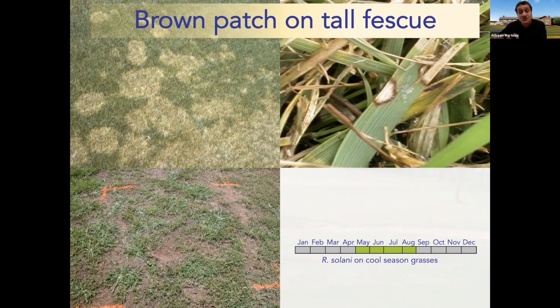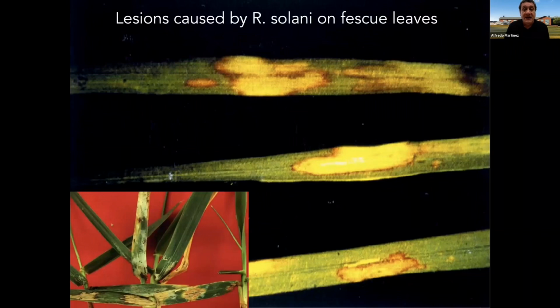But this one goes to cool season grasses, and we see it here in Georgia in late May, early June, and July, and sometimes in August. So this is the time to be preparing, if you have a yard or a client with tall fescue or bentgrass. Now, in this one, you're actually going to see some lesions.